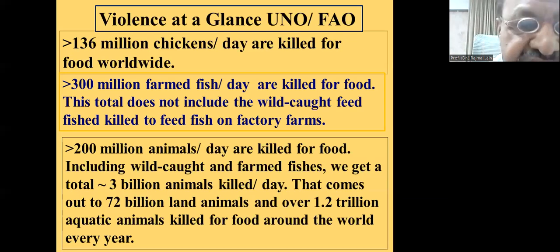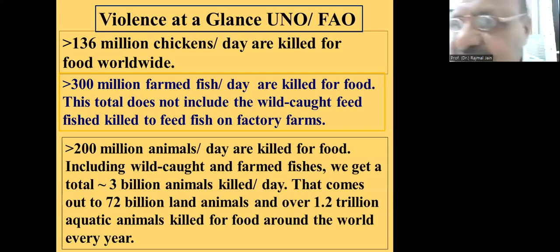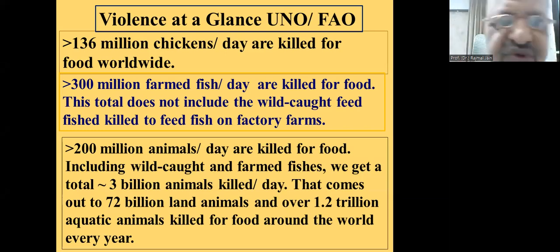Please remember, per day. I have already shown you the many graphs. Now, 13.6 crore per day, that many chickens are being killed. For what? For food. So man is so hungry. People are so hungry that they want to eat 13.6 crore chickens per day.